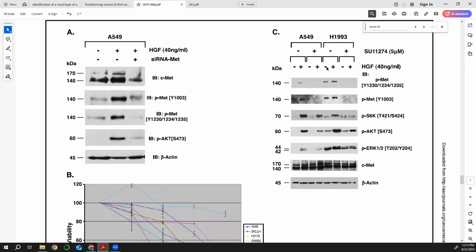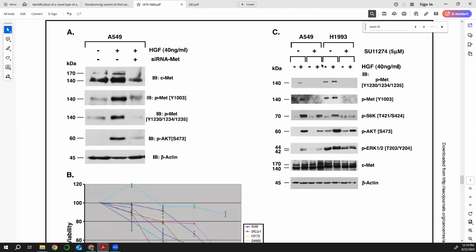And the pattern here for H1993 is a little bit different. There does seem to be more phospho-MET that can't really be fully explained just by nonspecific binding, even in the absence of hepatocyte growth factor. So does H1993 have a mutation in MET that results in activation of MET independent of ligand?